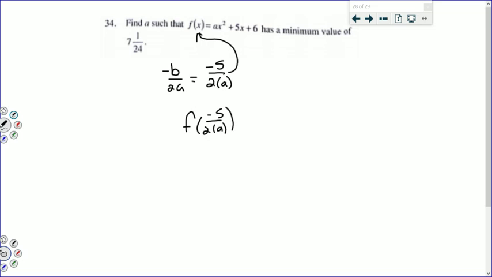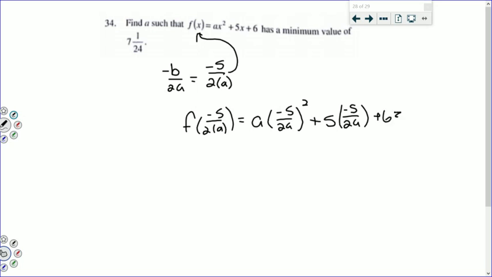So in this case, we then are going to say, all right, equals a times negative 5 over 2a squared plus 5x plus 6. Oh, not 5x, my bad. 5 times, let's see, negative 5 over 2a plus 6.